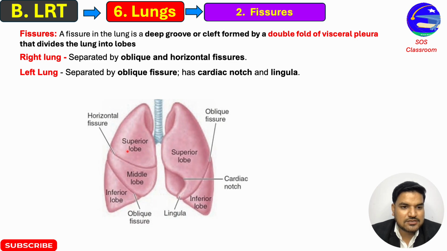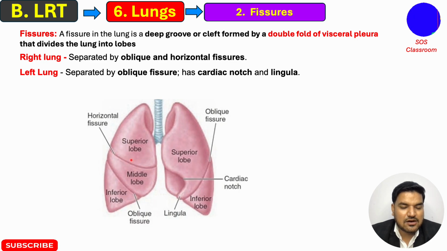The covering of the serous membrane is done by the visceral membrane. So the superior lobe has a visceral membrane and the middle lobe also has a visceral membrane. The superior and middle lobes connect here, that's why there are two folds of the visceral membrane. One fold from the superior lobe and a second fold from the middle lobe.